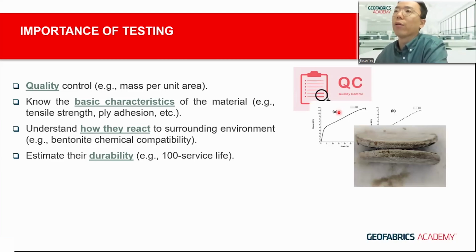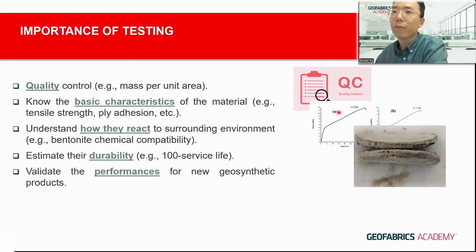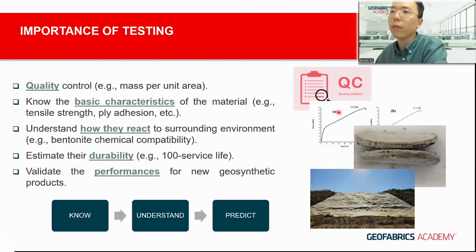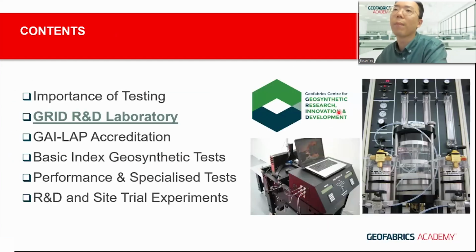For example, we can do 100-year service life estimation or assessment on the geotextiles or geomembranes we use. It also helps us to validate the performance of new geosynthetic products that have been developed. Essentially, it's know your product, understand why they perform in this way, and predict how they are going to perform on site.